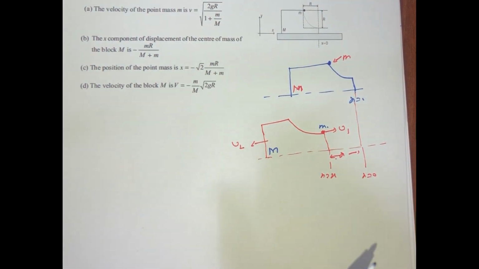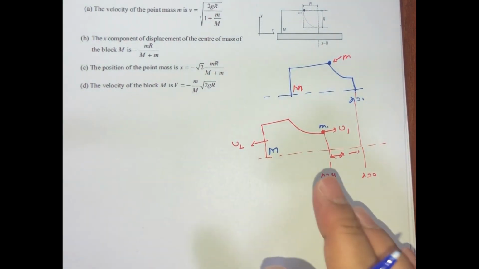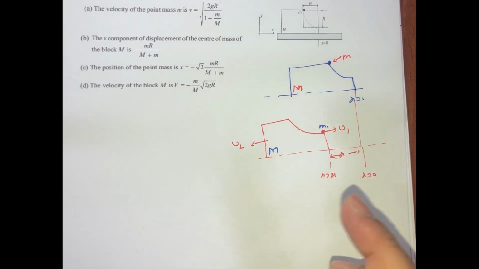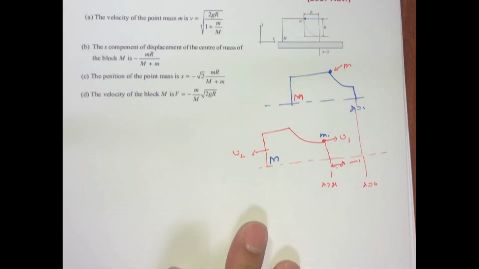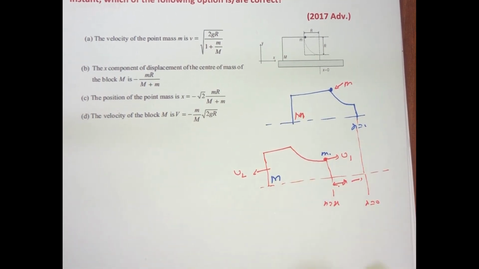So in this case we can clearly see that there is no external force on the blocks, so we can use conservation of energy and conservation of momentum. And later on we are also going to use center of mass.